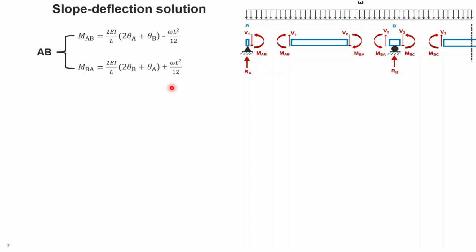The fixed end moment should be the right-end fixed end moment, so we will have two fixed end moments at the left and right of the element. So we come up with two equations for element AB.